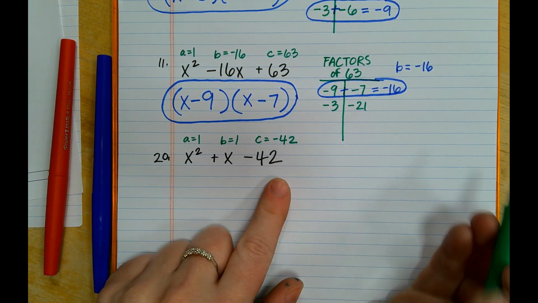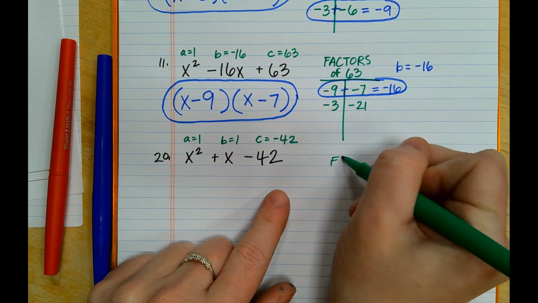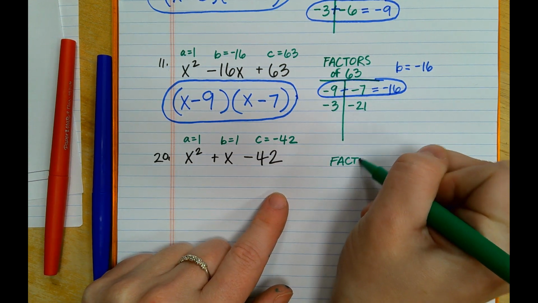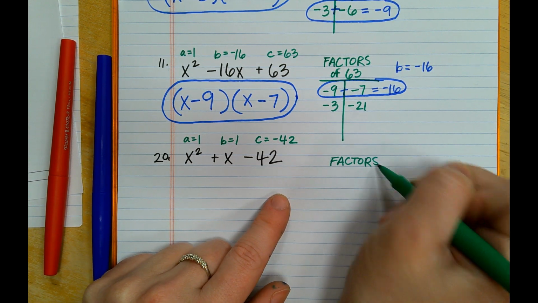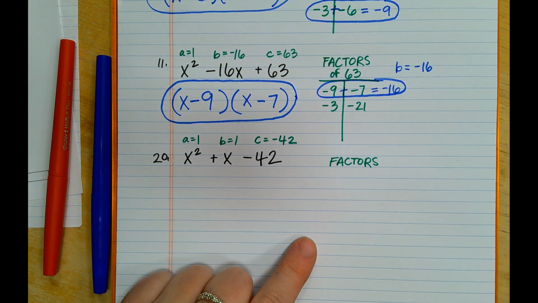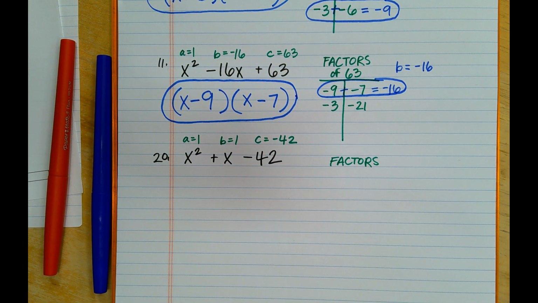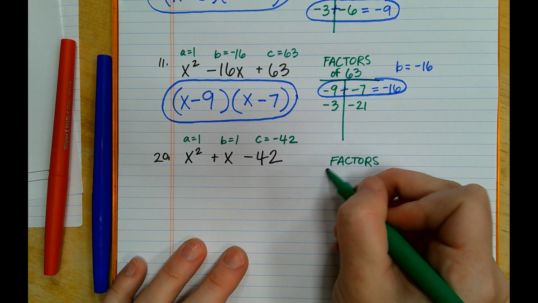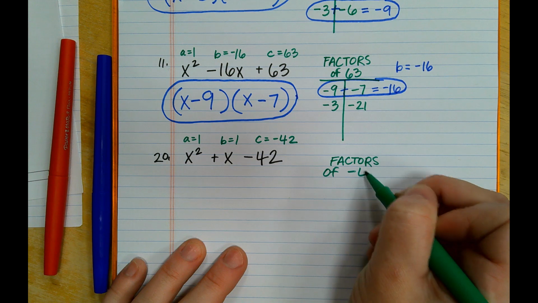Whenever we are finding factors of a negative number, we can only have pairs of numbers where one is positive, one is negative. It doesn't matter which one comes first, we just have to have different signs on those numbers. So factors of negative 42.